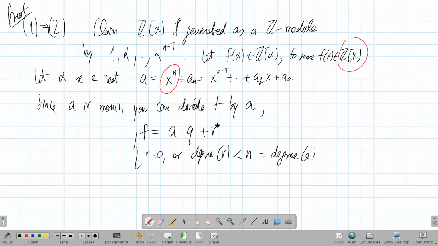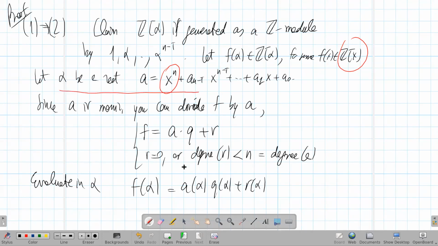Now, if you evaluate this in alpha, what do you get? You get f(alpha), which was our arbitrary element of Z[alpha], equal to A(alpha)Q(alpha) plus R(alpha). But alpha is a root of the polynomial A, so this is 0. So this means that what we get is R(alpha).